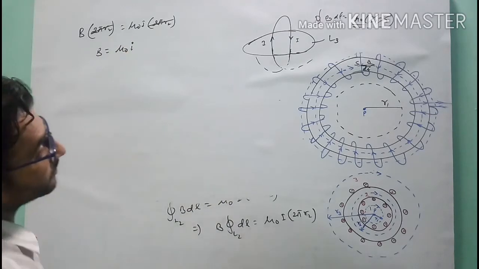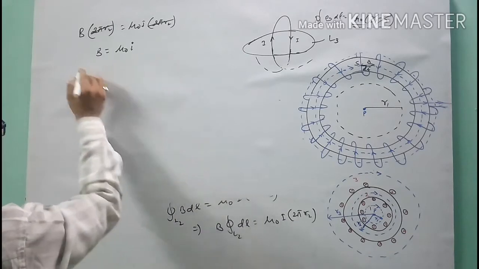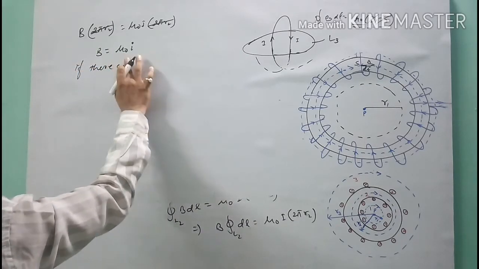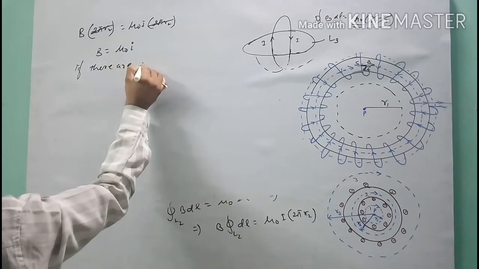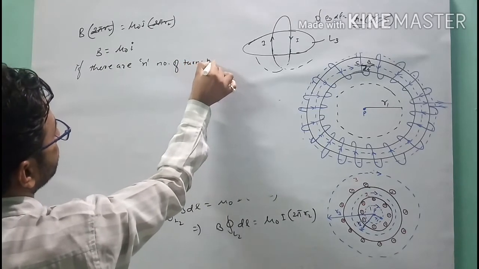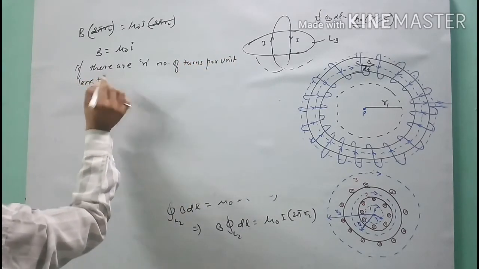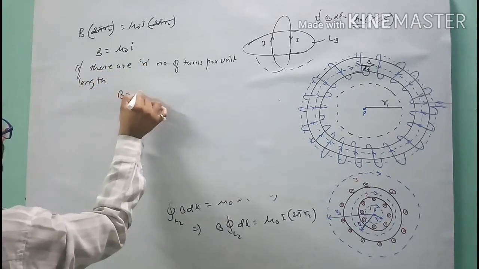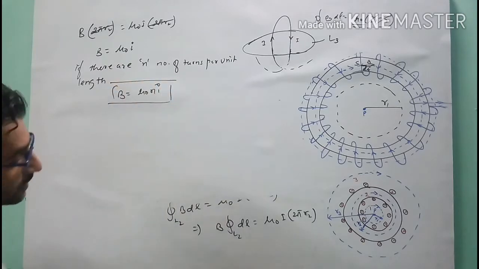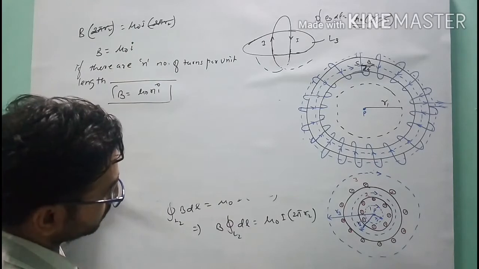If suppose there are n number of turns per unit length, I can write this formula as mu naught n times I. Or student, you can write this statement before the calculation also.